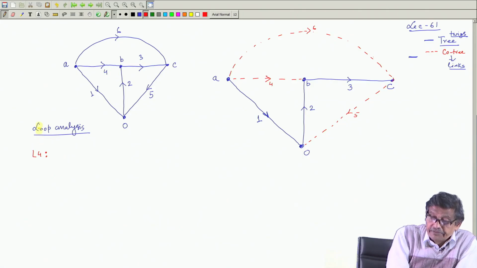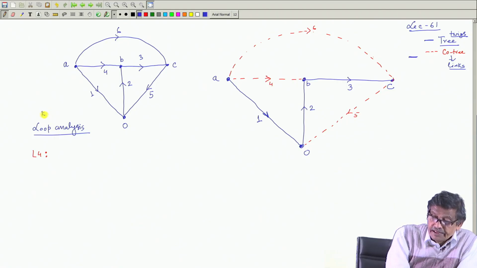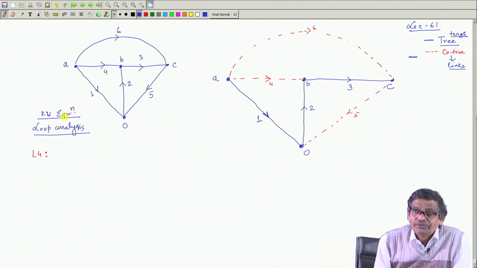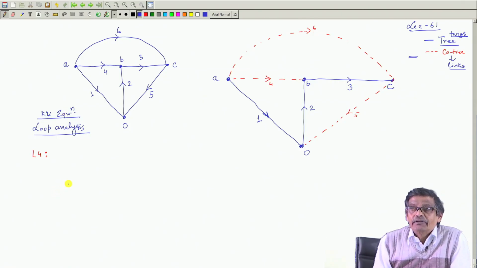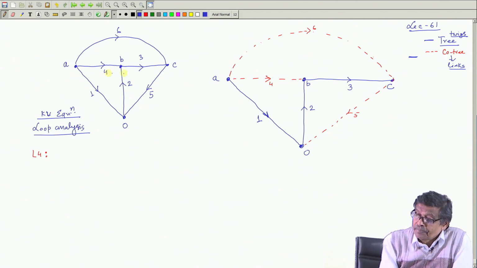So, write KVL equations. For the A matrix, we wrote KCL equations at the nodes. In this case, I will write KVL equations thinking I am putting one link at a time.